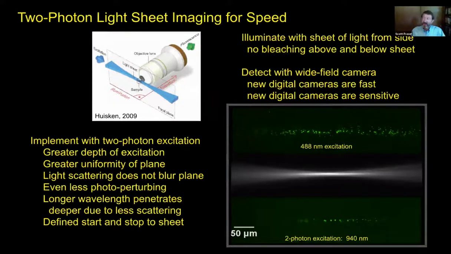Our version of this moves to 2-photon illumination, and we do that for the reason shown in the lower right. You can see as a laser beam moves through the screen from right to left, that as that light is focused, it gives you almost an hourglass shape of beads in a gel that I'm imaging here with 488 nanometer excitation.